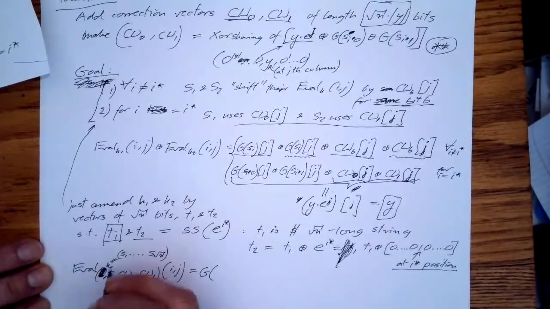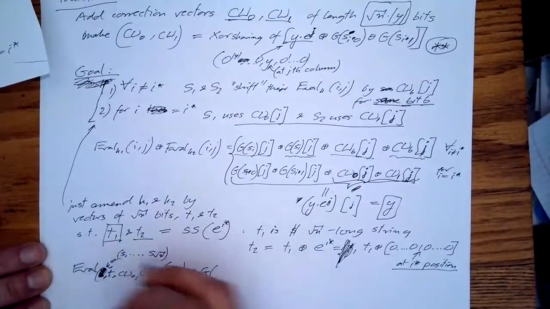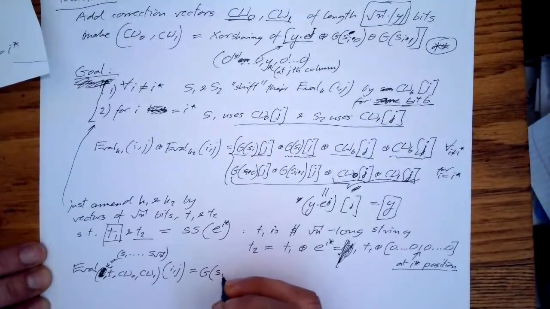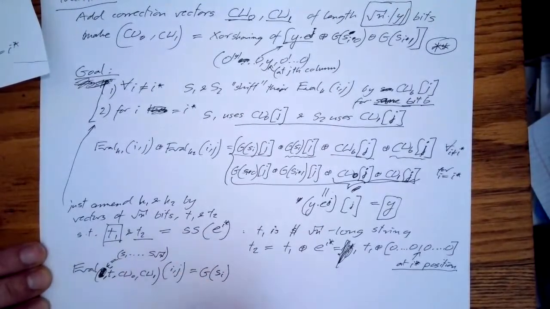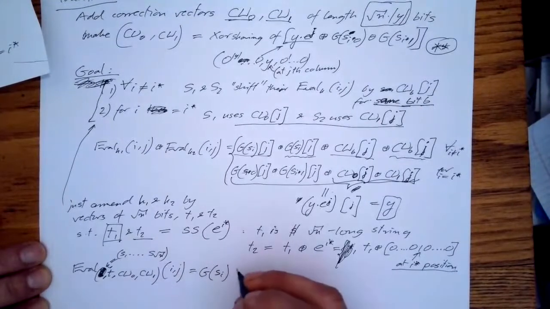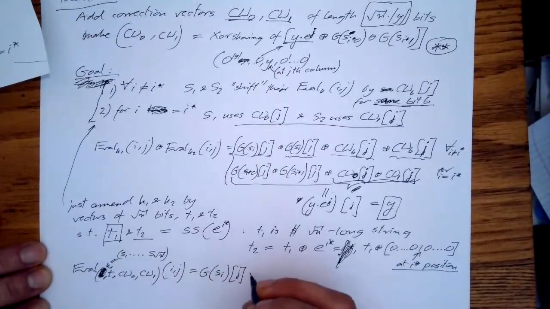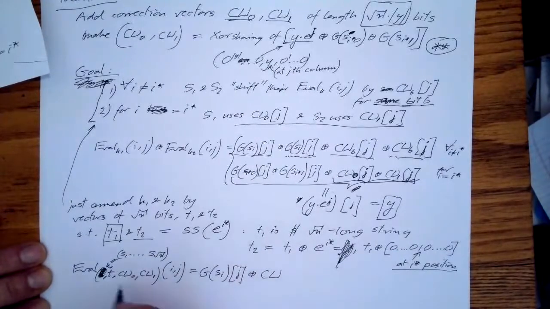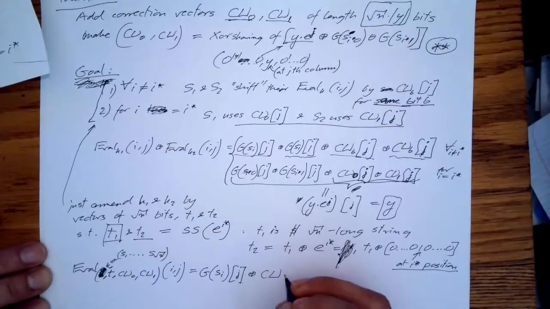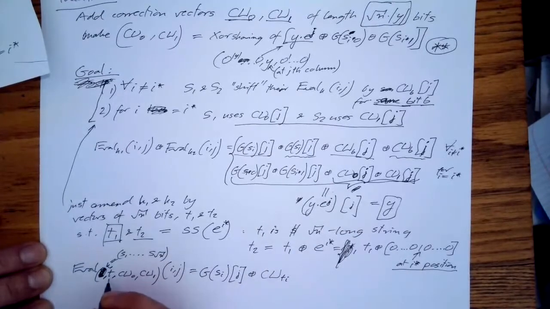I look up the ith seed in this vector and evaluate the PRG on it. Then I take the jth block. That's as before. But now I use a correction vector. Which one? The one that is told to me by the ith bit in here. And that's it.